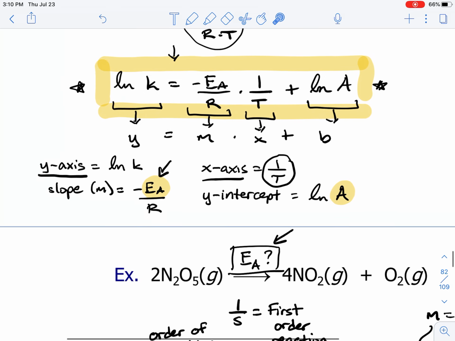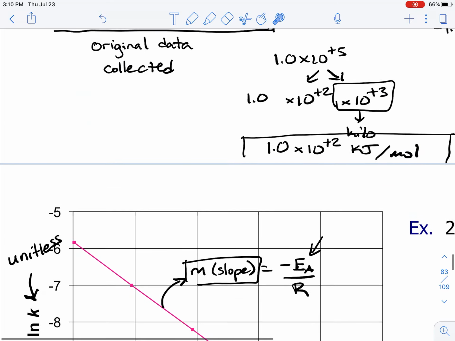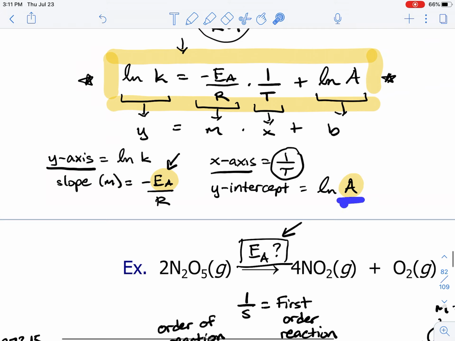And so you can also determine the frequency factor, capital A, if you know the Y-intercept. If you know the Y-intercept, or when the line hits the origin, or 0.0000 on to infinity, then you can just take the exponential of that value to get capital A. So if you were to take the exponential of both sides, this will cancel, and that'll give you the frequency factor A. And so you must know the Y-intercept.